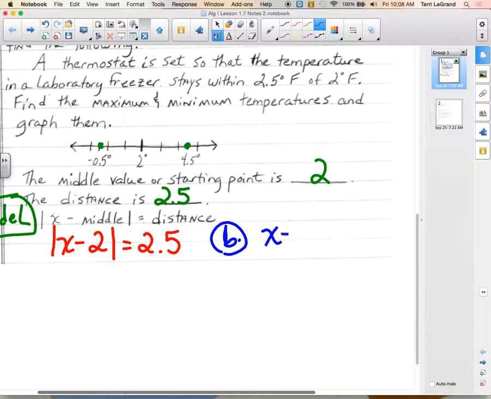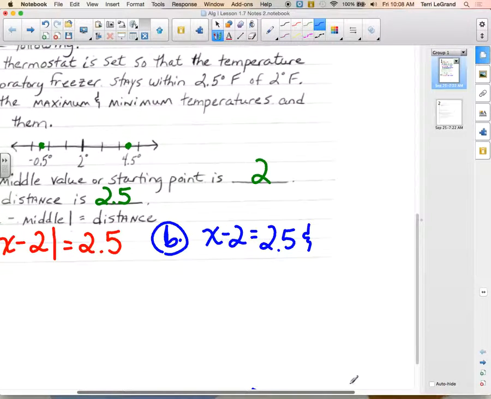Take out the absolute value bars and set the expression inside equal to the two numbers that have a distance of 2.5. So we have x minus 2 can be set equal to 2.5, and x minus 2 can be set equal to negative 2.5. And notice we can use the negative because negative 2.5 has a distance of 2.5.